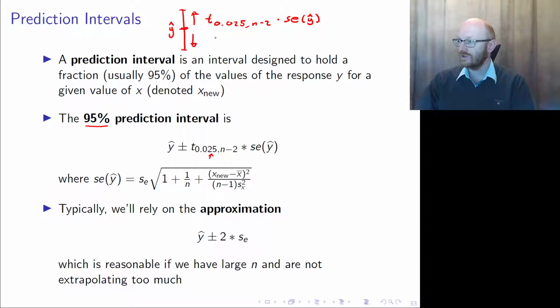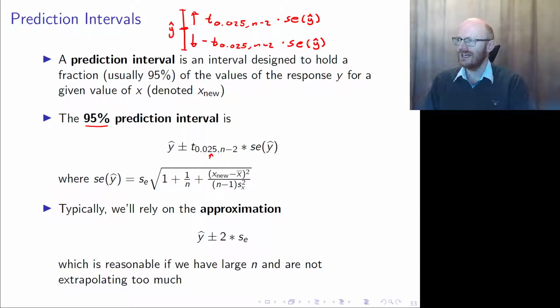And of course, by symmetry, you go down by the same amount, t 0.025 with n minus 2 degrees of freedom times the standard error of y hat.